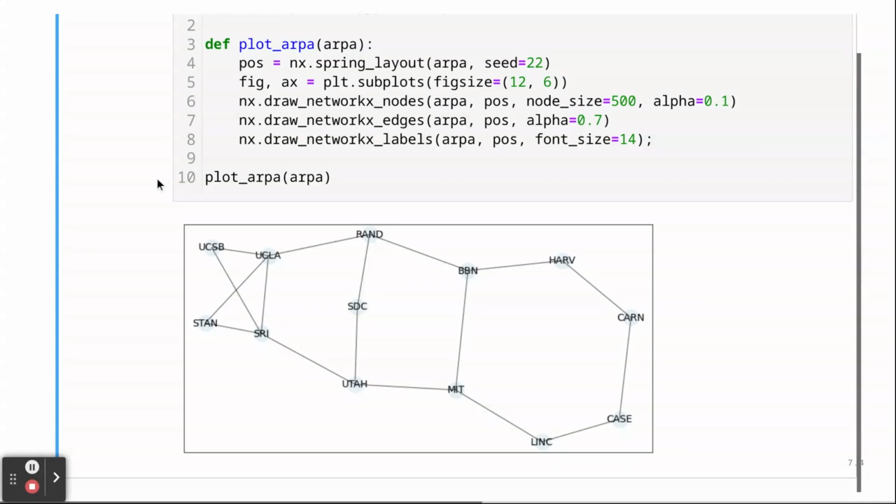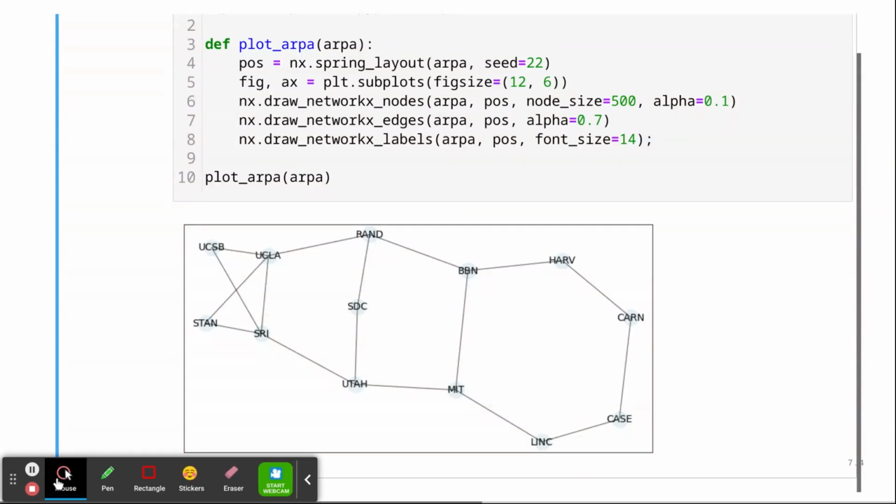In this case, the ARPANET is a connected graph. No matter where I start, I can always find some path to any other node in the graph. If, for example, we added another institution that did not have a connection to the ARPANET, for example, suppose we consider NYU's computer system in isolation.